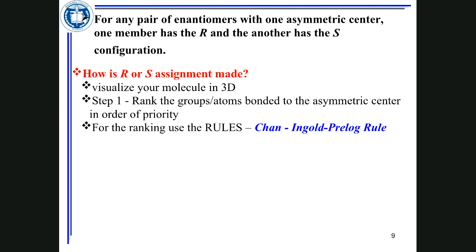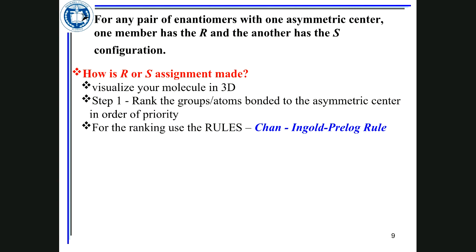Now, if you are moving from black to red to yellow, it's going to look like it is moving clockwise. And if it's moving clockwise, the configuration is going to be R, but this was an S molecule.